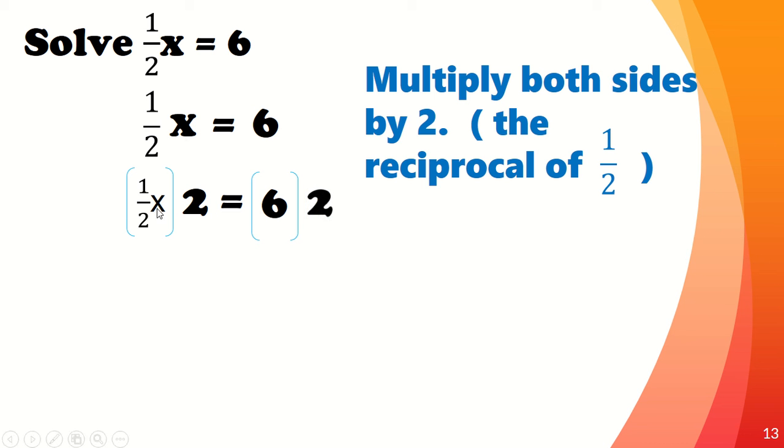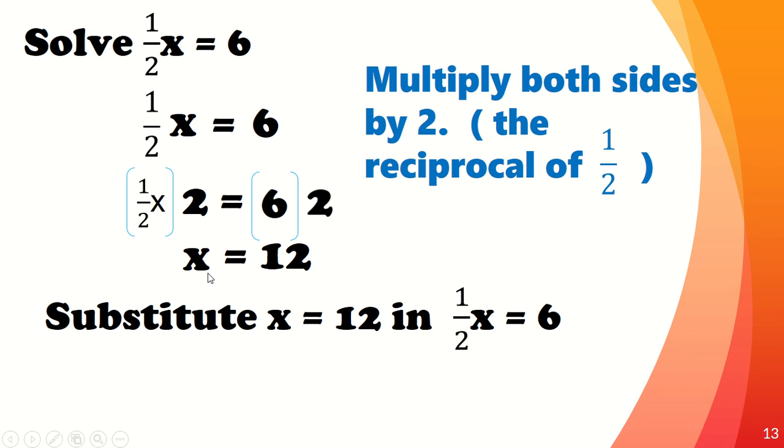So, 1/2 x times 2 will become x. Maka-cancel kasi yung 2. x equals 12. So, to substitute, 1/2 times 12 equals 6. So, 1/2 of 12 is 6, so 6 equals 6.